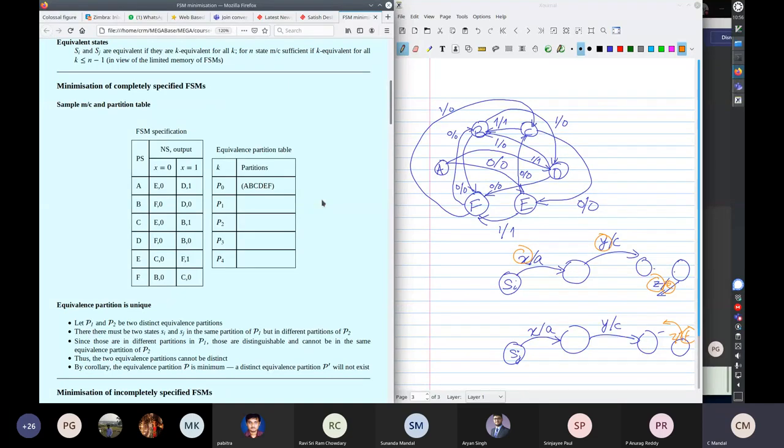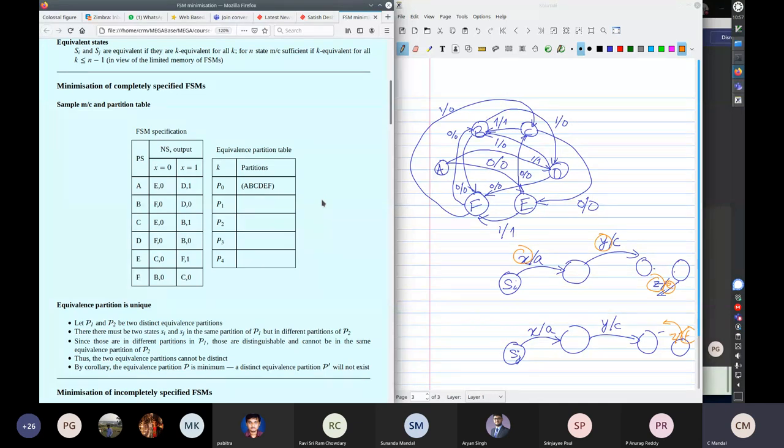So essentially, what you want to do is partition the states of the fully specified finite state machine into equivalence classes, so that all the states in the same equivalence class are indistinguishable. Okay, that is what you want to do.